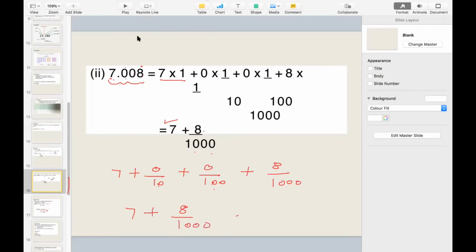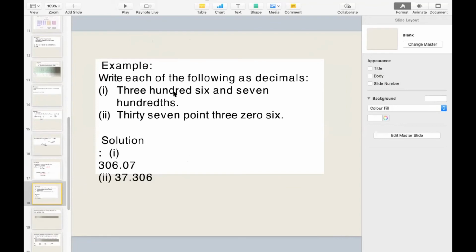Let's move on. Now we will write these numbers in decimal form. It is given 306 and 7 hundredths. That means 306 is the whole number. We write the decimal point now, and 7 hundredths means nothing is there at the tenth place, so we put 0, and 7 is at the hundredth place.